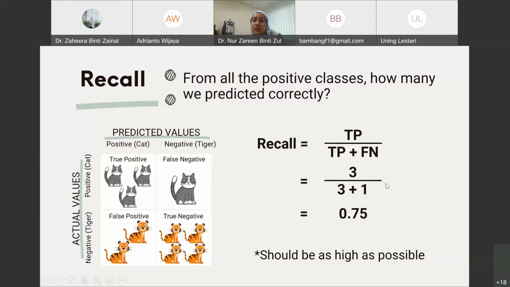So 3 divided by 4, you get 0.75. So in this example, your recall would be about 75%. So when you have 4 cats, you would be 3 out of the 4. So in order for your model to work well, recall needs to be as high as possible.